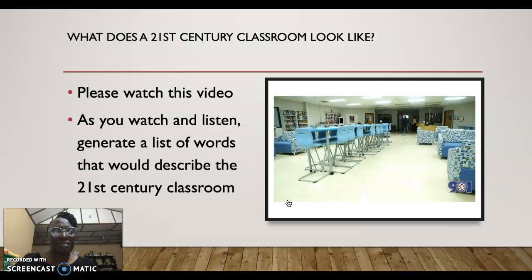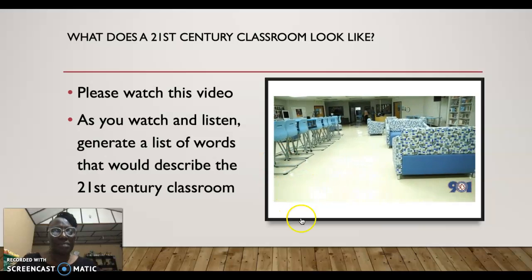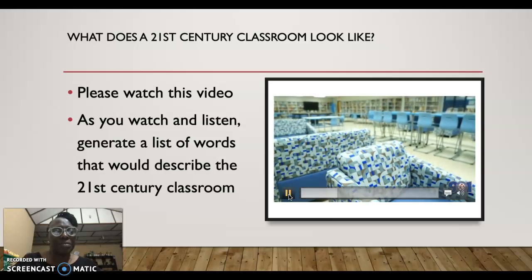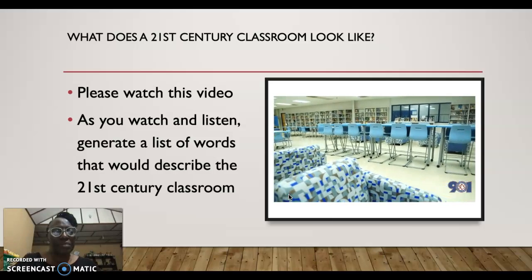We're really proud of the work that was done at Kirby High School, where the entire building was renovated with 21st century technology and furniture.